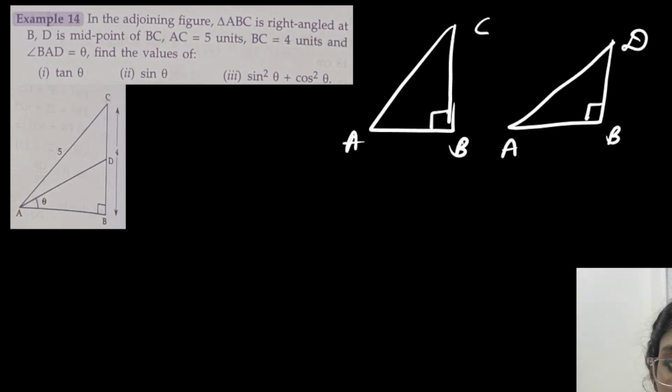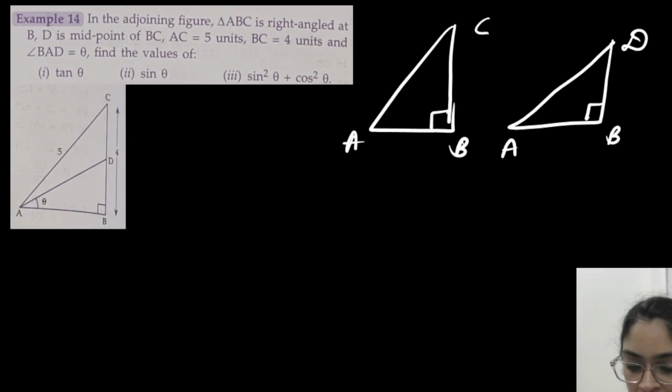What is given to us? Let's see. ABC is right angled at B. D is the midpoint of BC. What is the meaning of midpoint? Half, okay.